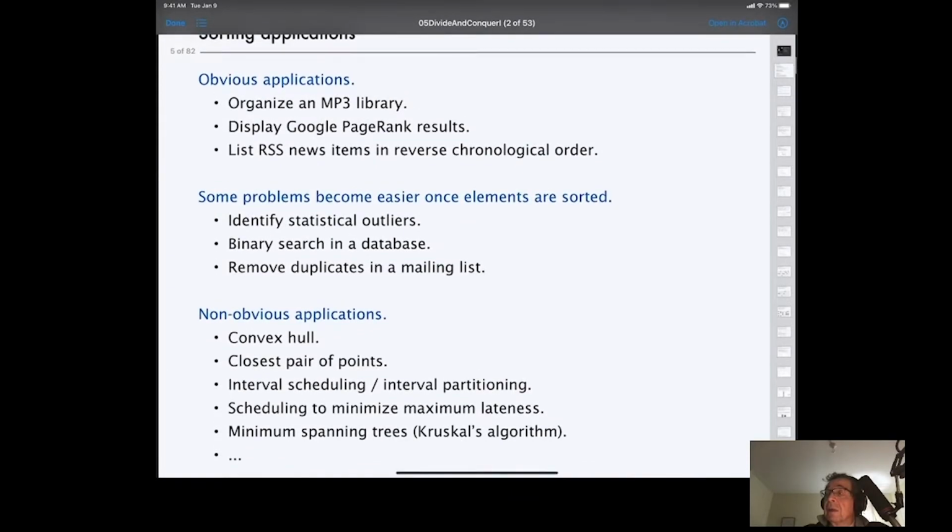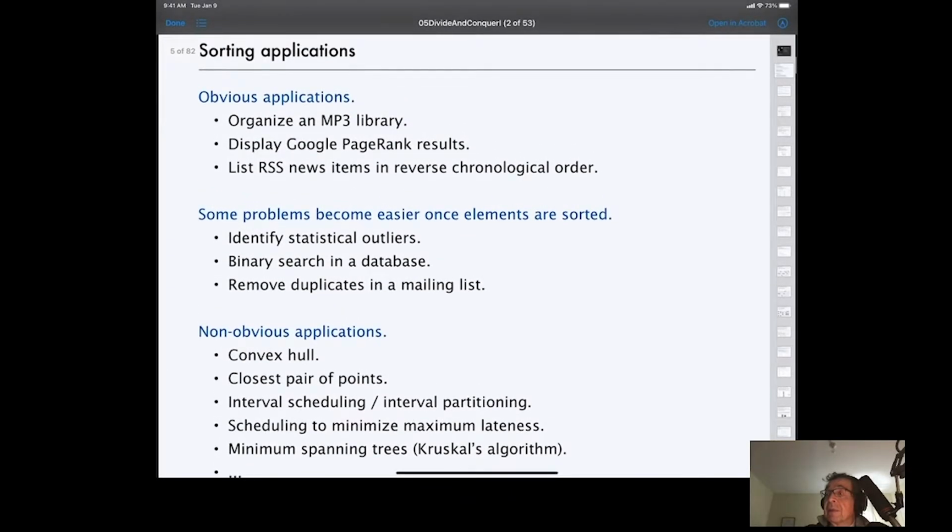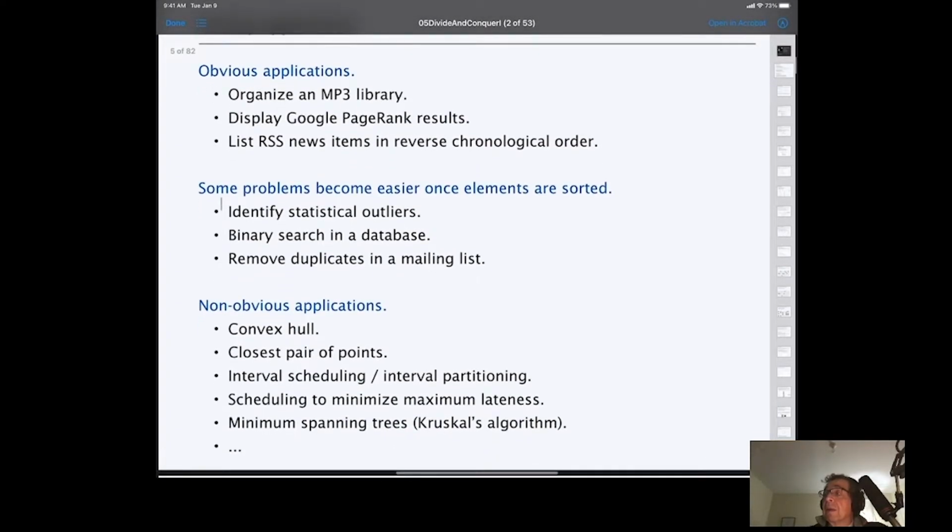Then obviously sorting algorithms have a lot of applications all over, but there are some really obvious, like organizing an MP3 library or displaying the results in Google's PageRank results, or listing the RSS feed news items in reverse chronological order.